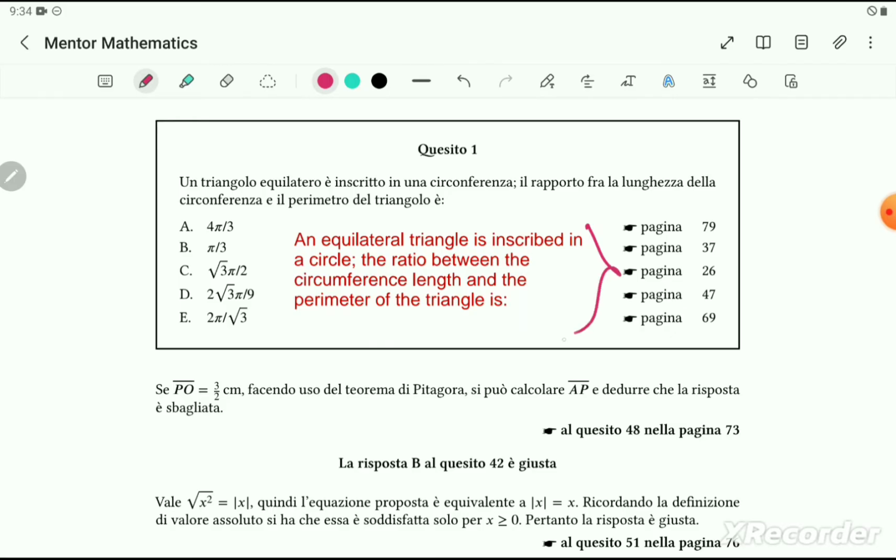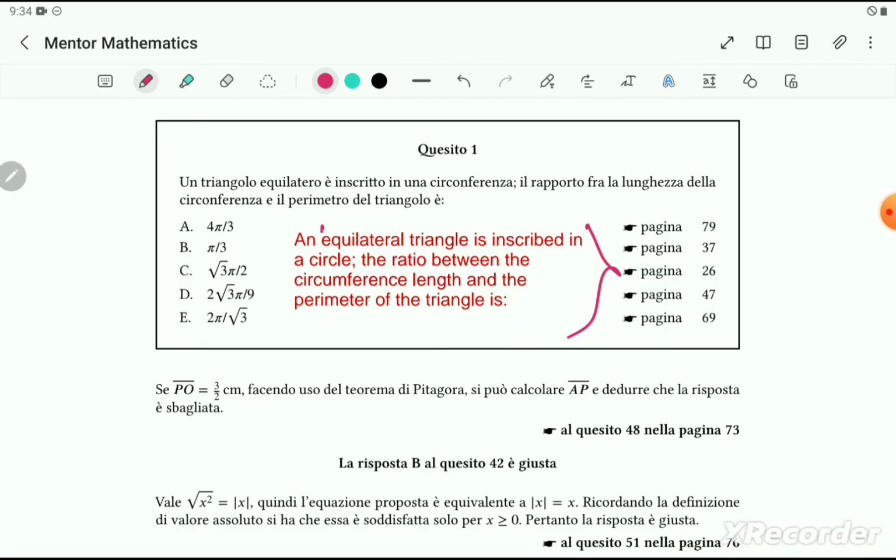So here I translated: an equilateral triangle is inscribed in a circle. The ratio between the circumference length and the perimeter of the triangle is, that means we have to find the ratio between a circle's circumference and the perimeter of a triangle. First of all I will discuss some basics.